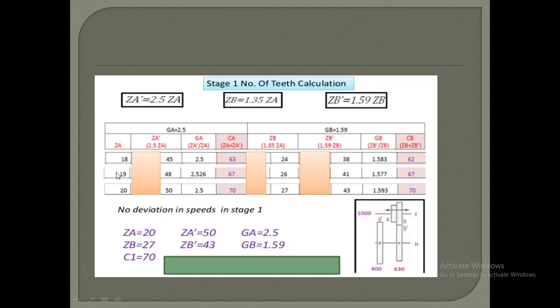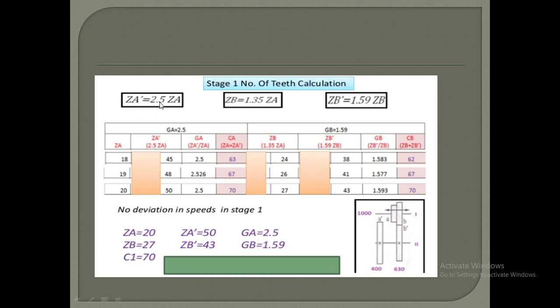That's why we have chosen 18. You have to avoid the interference of the gear. Above 18 you have to choose the number of teeth.